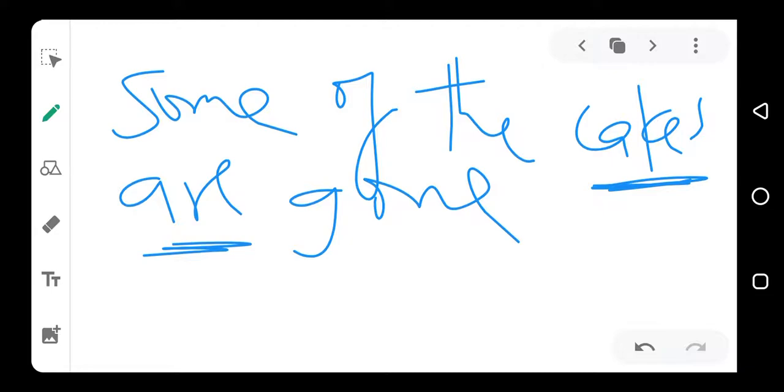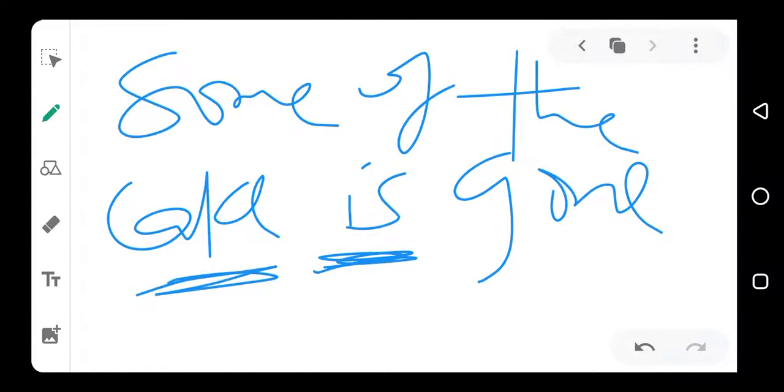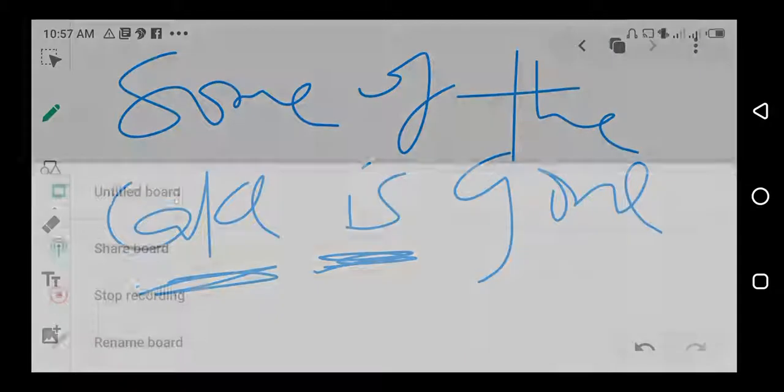But here, the subject is plural, so it takes a plural verb. There are other agreements in this concord, but let's just stop here and discuss this.